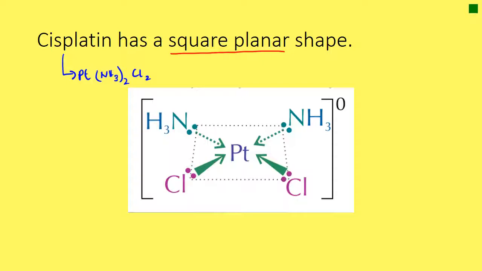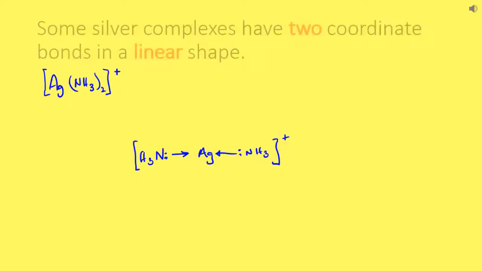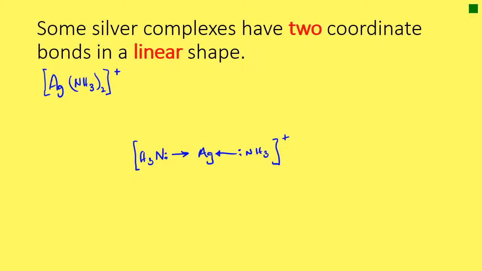So that's the alternative, although a bit rarer than the tetrahedral shape that we get for coordination number 4. I should have mentioned that cisplatin is a chemotherapy drug.